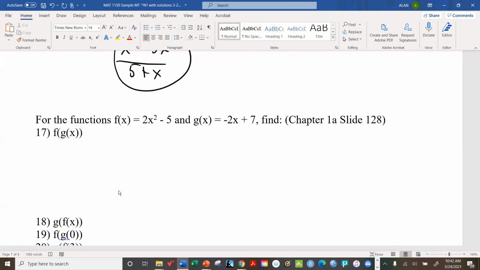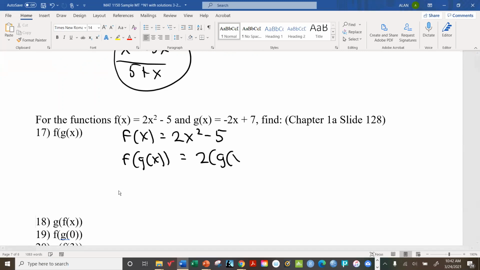Because f of x in this first case is 2x squared minus 5, f of g of x means you replace each x with g of x. Okay, replace each x with g of x.